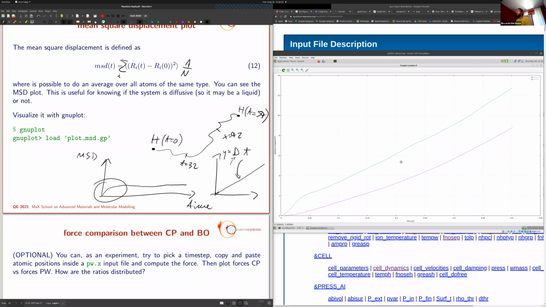So here it looks like we have a diffusing system. And another thing that you can notice from this plot is that the two lines here are more or less parallel. That is something that we are expecting since we have a molecular system. So the molecules are always bonded within themselves.